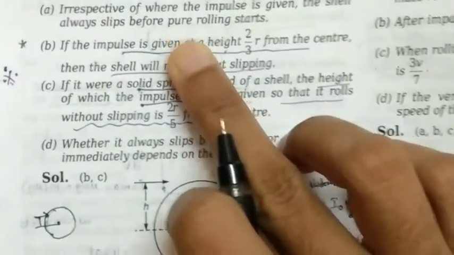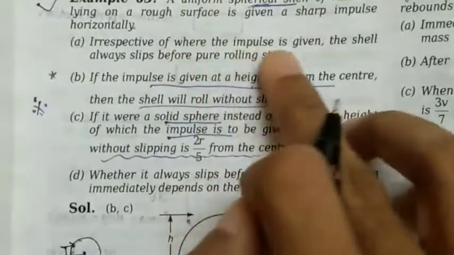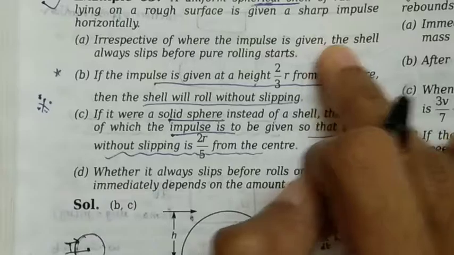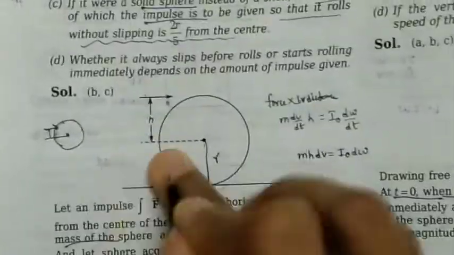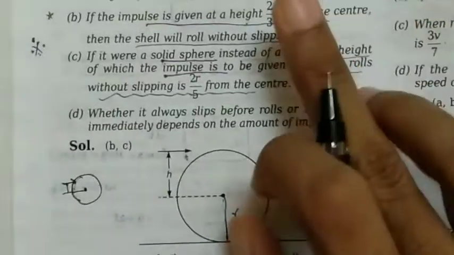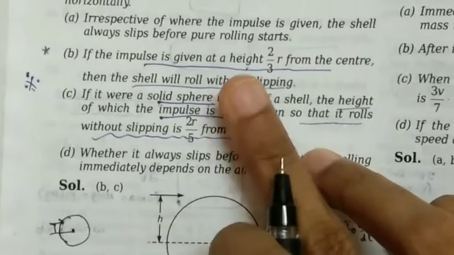So if this comes out to be true, then the first is false. The first says irrespective of where the impulse is given, the sphere always slips before pure rolling starts. Wherever we give the impulse, whether here, here or at this point, the shell will roll without slipping, they are saying.